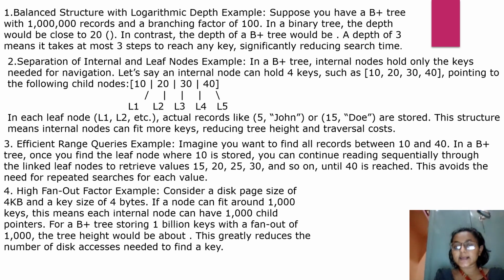Efficient range queries example. Imagine you want to find all the records between 10 and 40. In a B+ tree, once you find the leaf node where 10 is stored, you can sequentially search the linked leaf nodes to retrieve the values between 10 and 40, that is 15, 20, 25, 30 and so on.